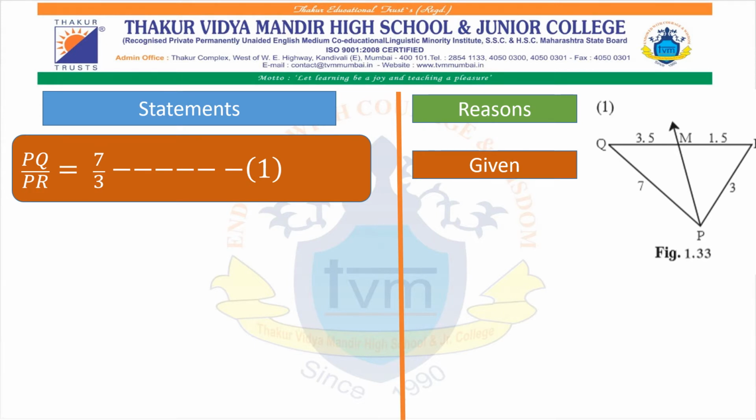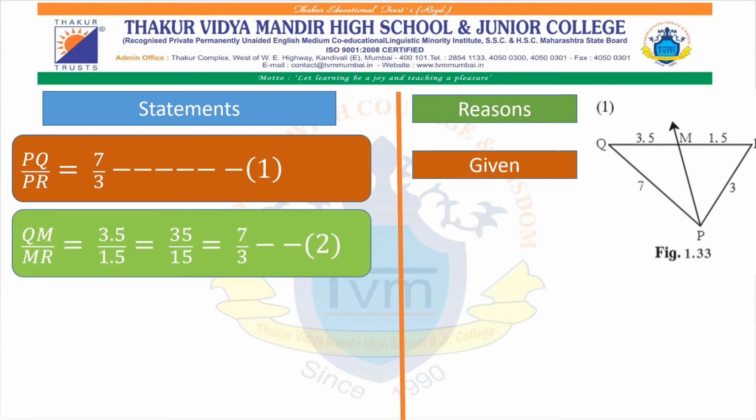We'll find out QM upon MR. QM is 3.5, MR is 1.5. We'll multiply both of them by 10. So the ratio will be 35 upon 15, which is again 7 upon 3. The reason we will write is given. Now see why we have found these two ratios.